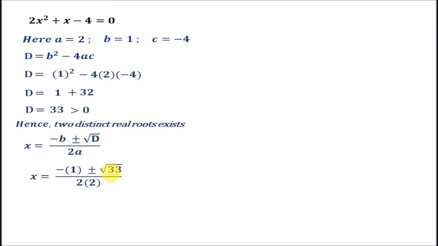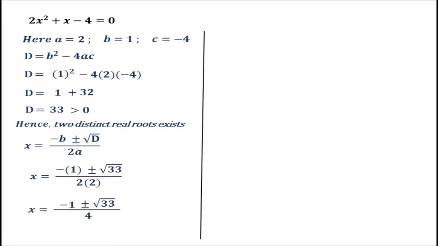So neither 3 nor 11 will have a pair such that we can take them out of the square root. So we will have root 33 inside the square root itself. We cannot take any factor out of the square root. So x equals minus 1 plus minus under root 33 by 4.